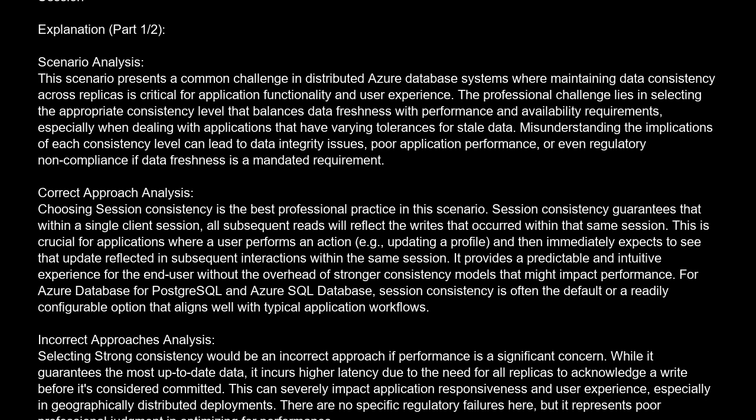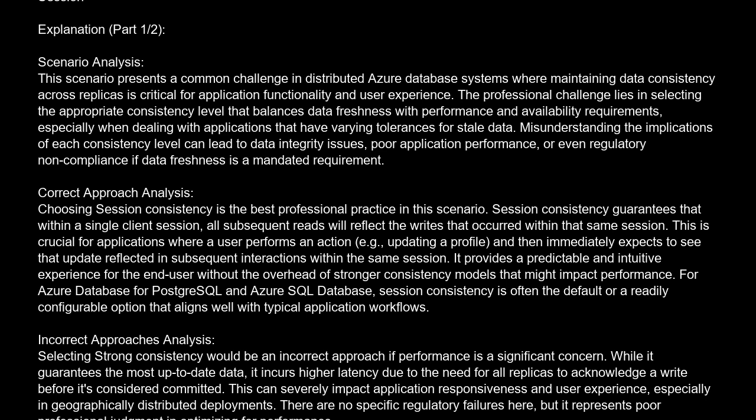It provides a predictable and intuitive experience for the end user without the overhead of stronger consistency models that might impact performance. For Azure Database for PostgreSQL and Azure SQL Database, session consistency is often the default or a readily configurable option that aligns well with typical application workflows.